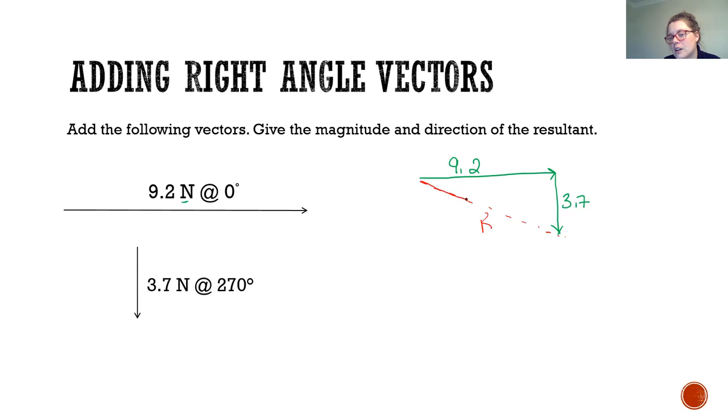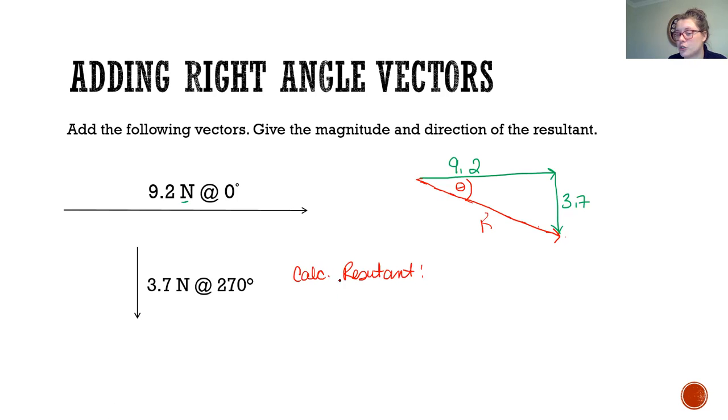So our red line is our resultant. There's our angle for our triangle. What do you notice about that angle? We'll see what you end up calculating for an angle. The first thing we need to do is calculate the resultant.